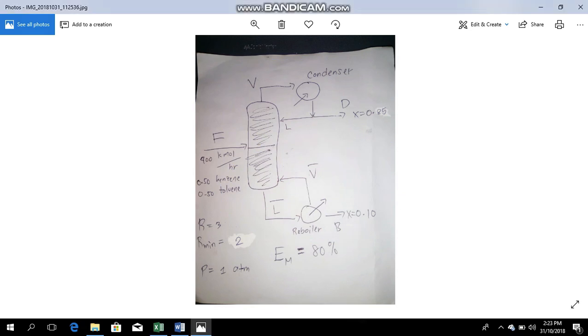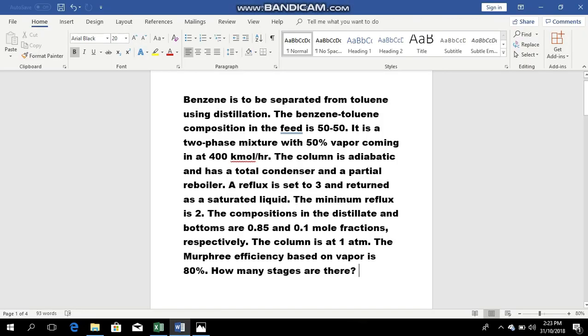In our problem, it is stated that we have a total condenser. Total condenser means that every vapor that is fed into this total condenser turns completely into a liquid. So 100% of the vapor that is fed becomes a liquid.